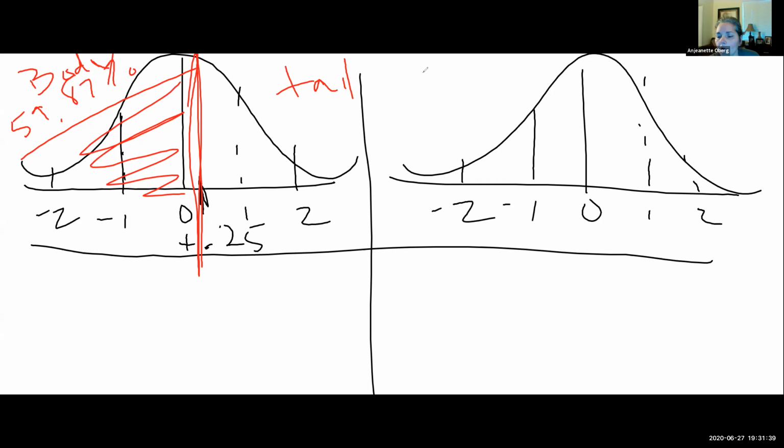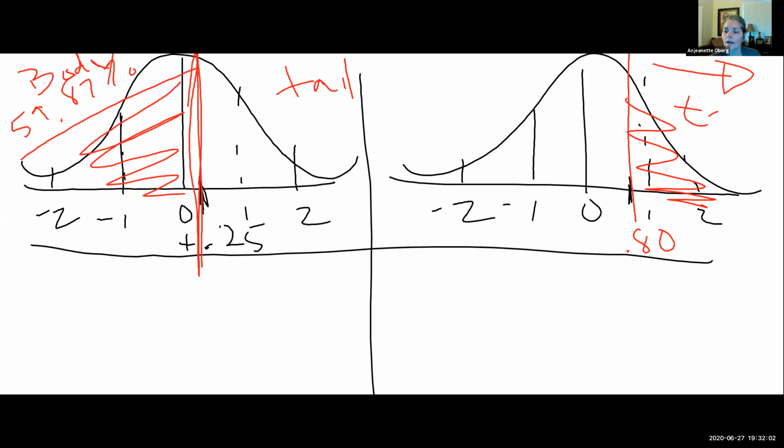And your 0.80 is not quite at the 1 yet, so I'm going to draw my line right about here. That's 0.80, and it's asking me greater than 0.80, so it's looking to be this way. That's the smaller piece of the pie.